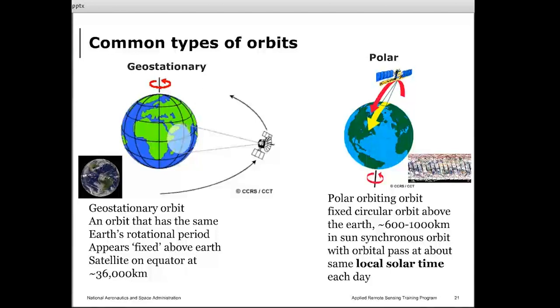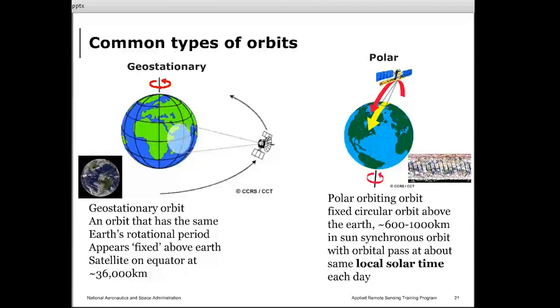The satellite passes the equator and each latitude at the same local solar time each day, meaning that the satellite passes overhead at essentially the same local solar time throughout all seasons of the year. This enables regular data collection at a consistent time, as well as long-term comparisons.